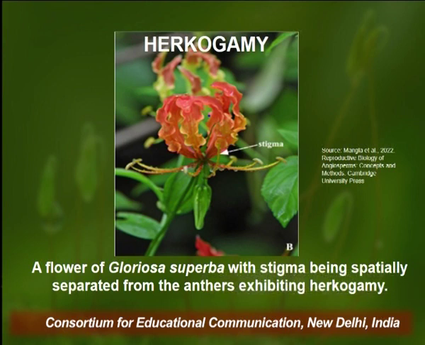So, the pollen will spread in different directions and it becomes difficult for the pollen to come back to the stigma. In this particular picture you can see a flower of Gloriosa superba with stigma being spatially separated from the anthers, and the whole phenomenon is hercogamy.